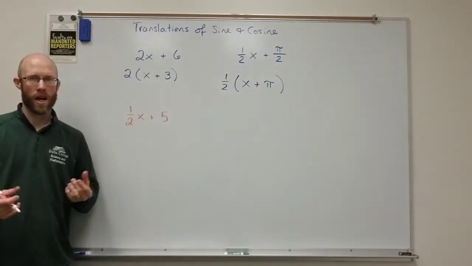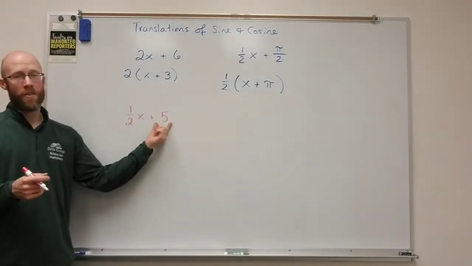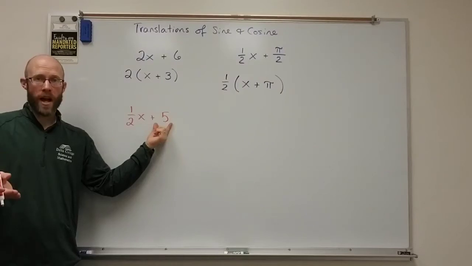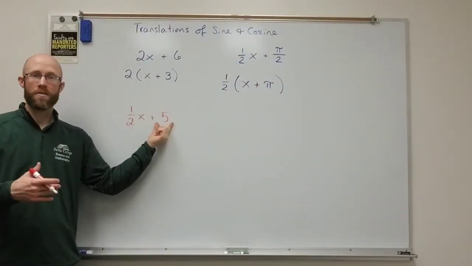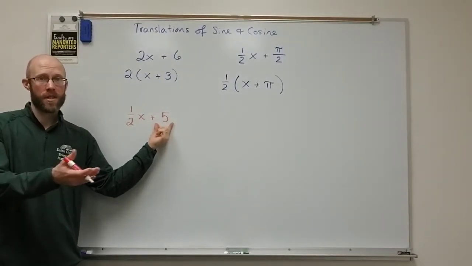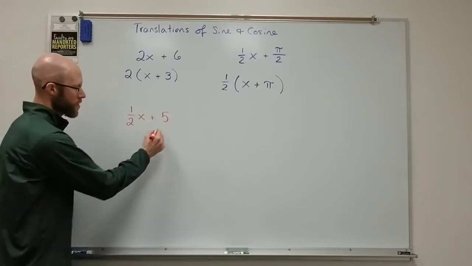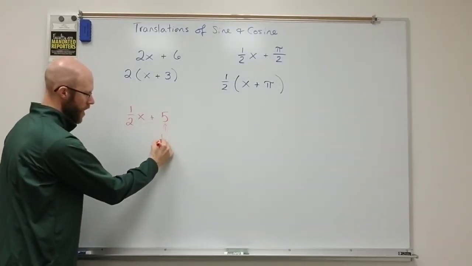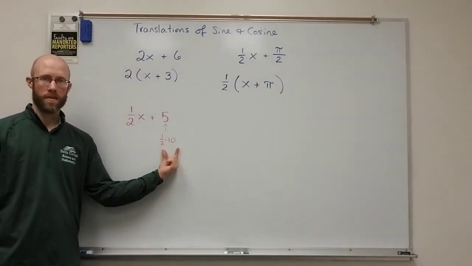And so none of those are common. However, 5 could be written as 1/2 times something. What is 5 equal to? 1/2 times 10, right? 1/2 of 10 is 5. And so in some sense, this 5 really does have a factor of 1/2 because it's 1/2 times 10.